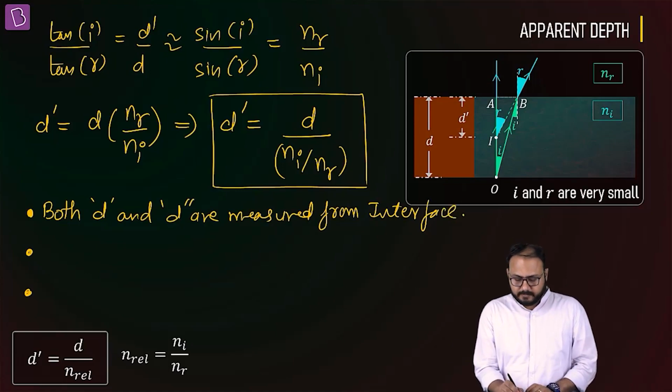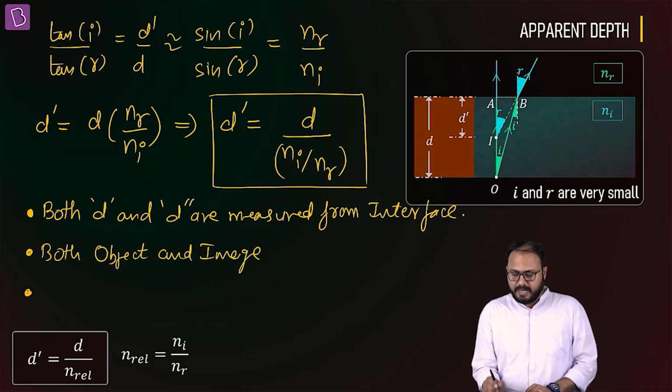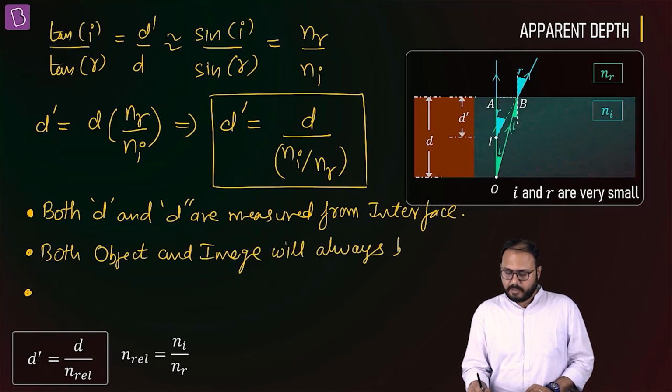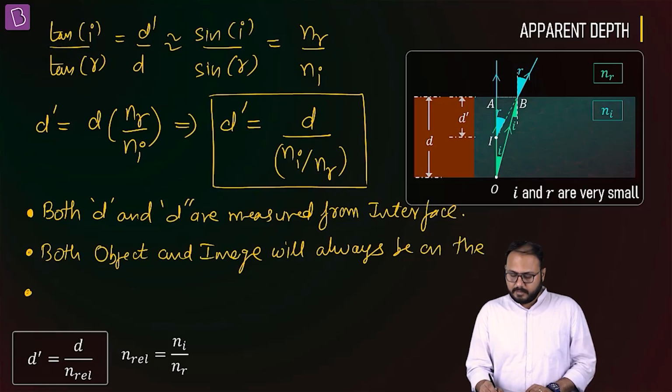Okay, sir. The second point is my favorite. Both object and image, it looks simple now, but believe me, will always be on the same side of the interface.